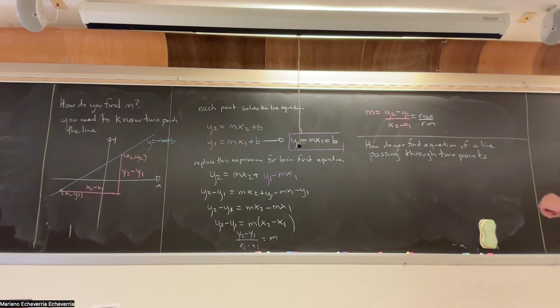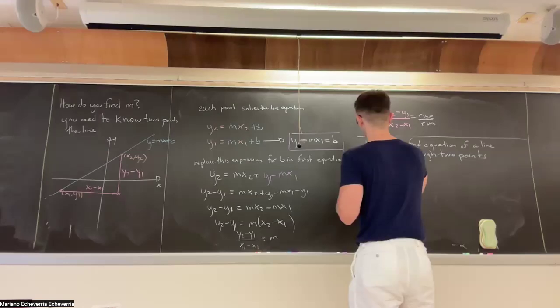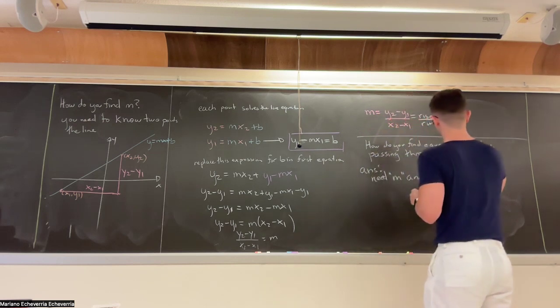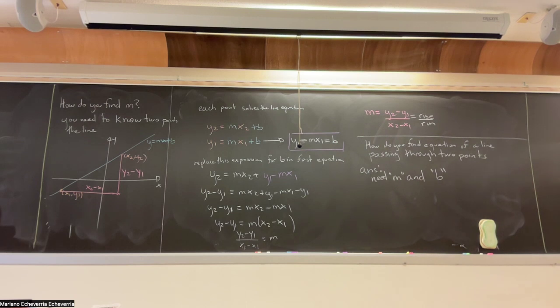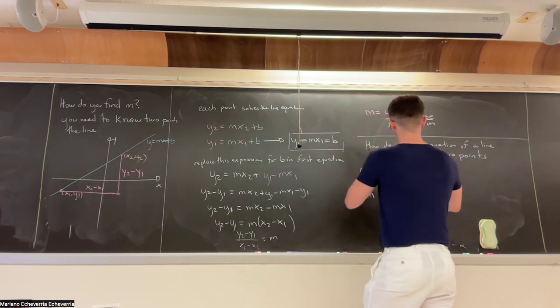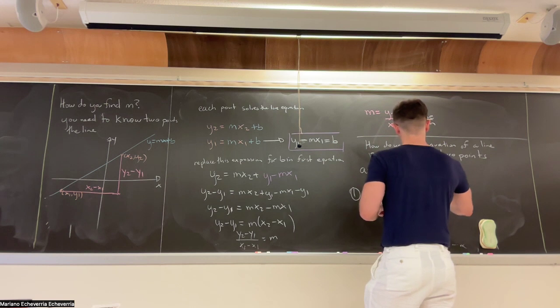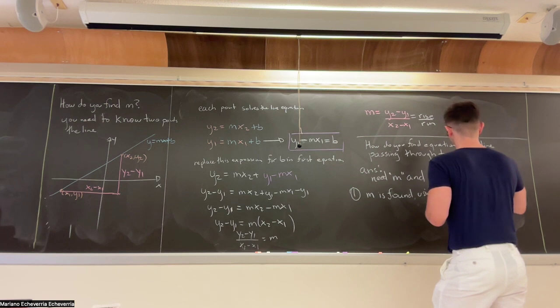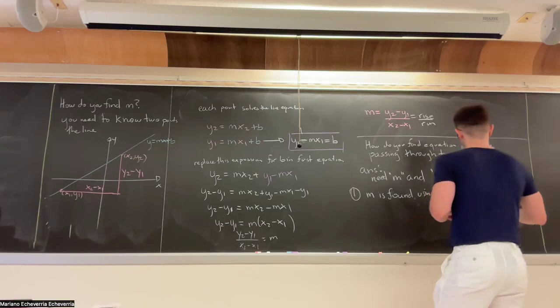For a line, you need m and b. M can be found with that formula: y2 minus y1 over x2 minus x1.